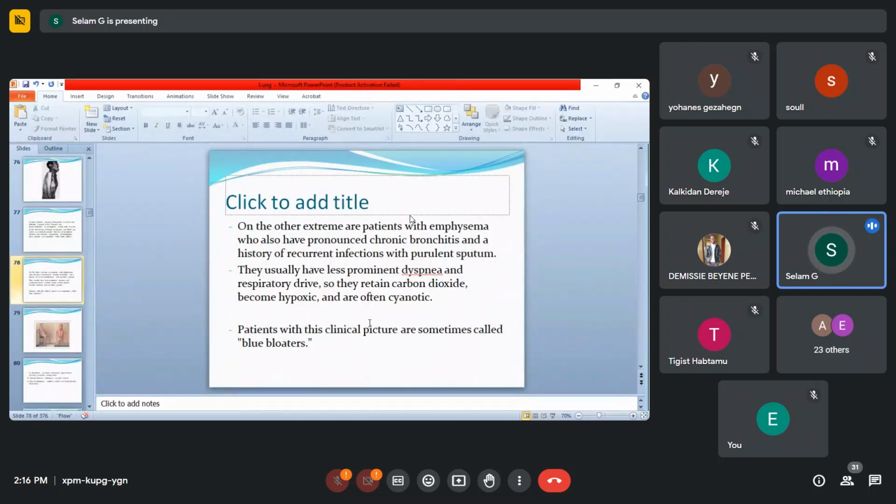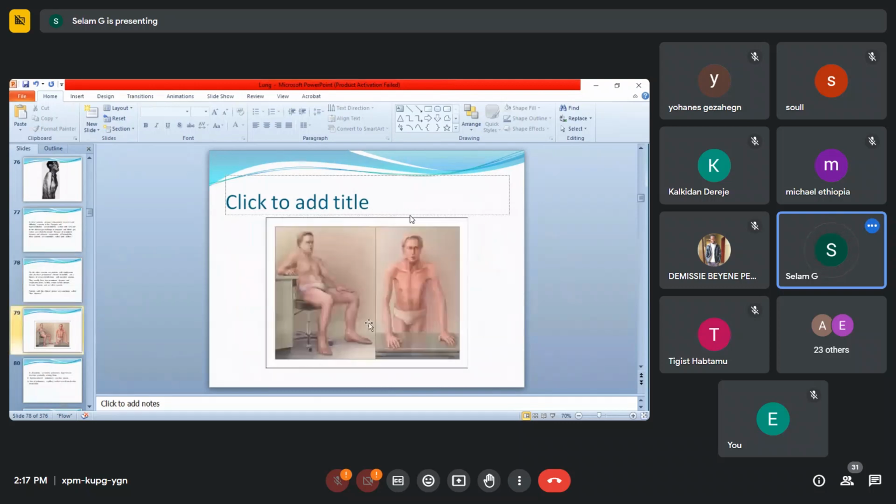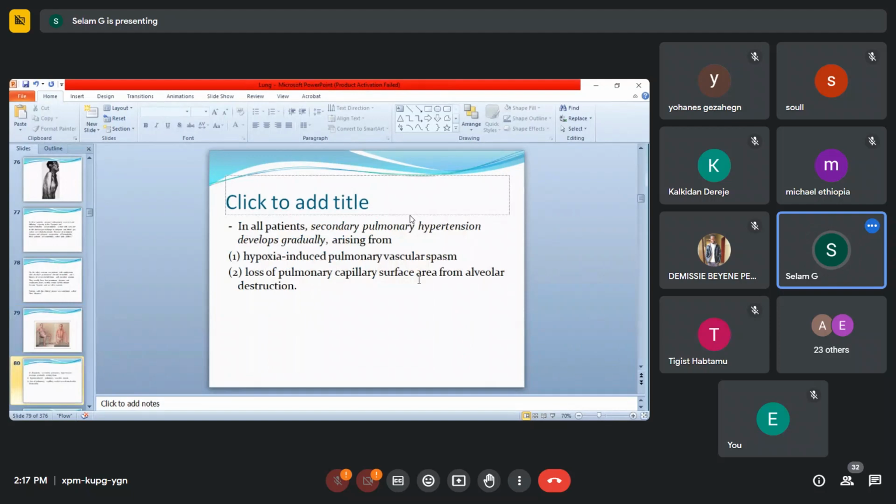They usually have less prominent dyspnea and respiratory drive, so they retain carbon dioxide and become hypoxic and are often cyanotic. Patients with this clinical picture are sometimes called blue bloaters because of the cyanosis and their low drive for breathing. So you see blue bloaters versus pink puffers.